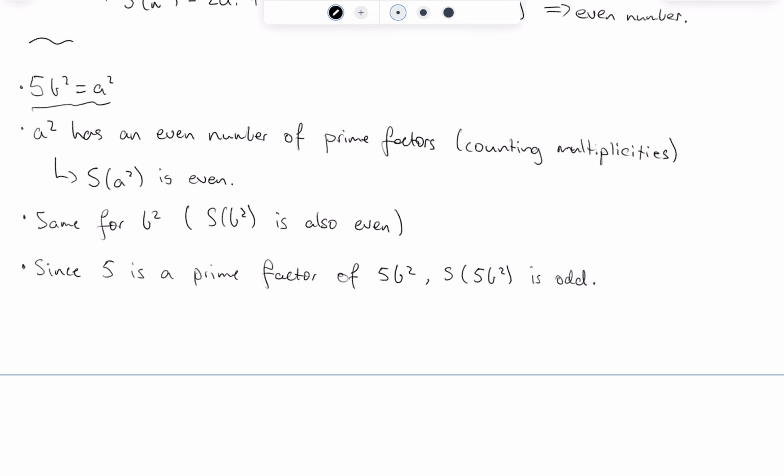So we have 5b squared equaling a squared. Can you imagine a scenario where some value has both an even and odd number of prime factors, counting multiplicity? Clearly that's not true. So a squared has an even number of prime factors, 5b squared has an odd number of prime factors. They clearly cannot be the same value. So here we have this contradiction. This equation cannot be true.